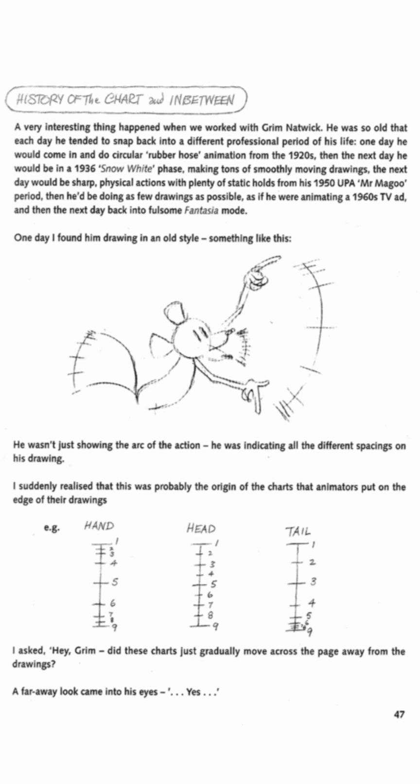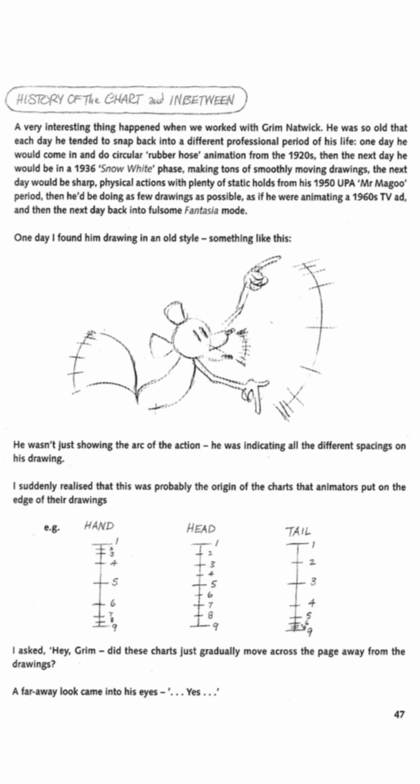The next day would be sharp physical actions with plenty of static holds from the 1950 UPA Mr. Magoo period. Then he'd be doing as few drawings as possible, as if he were animating a 1960s TV ad.